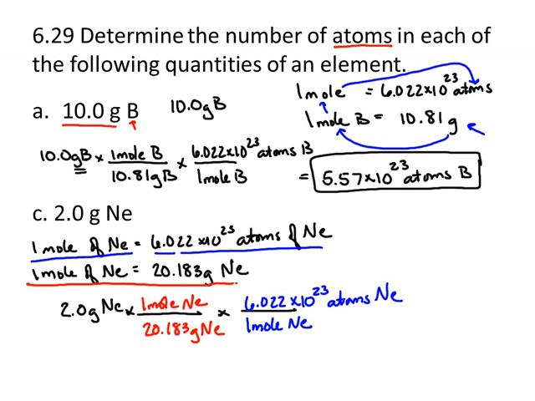And put it in your calculator: 2 divided by 20.183 times 6.022 times 10 to the 23rd gives me 5.97. Oh, hold on. That's actually going to be 6.0 because I have to round up because I only have 2 sig figs. 6.0 times 10 to the 22nd atoms neon.